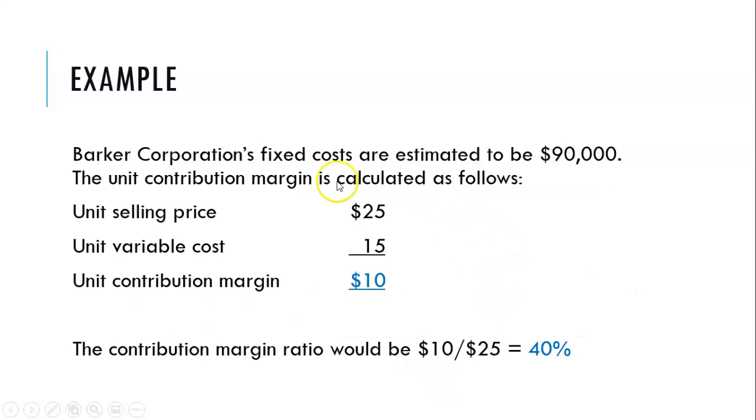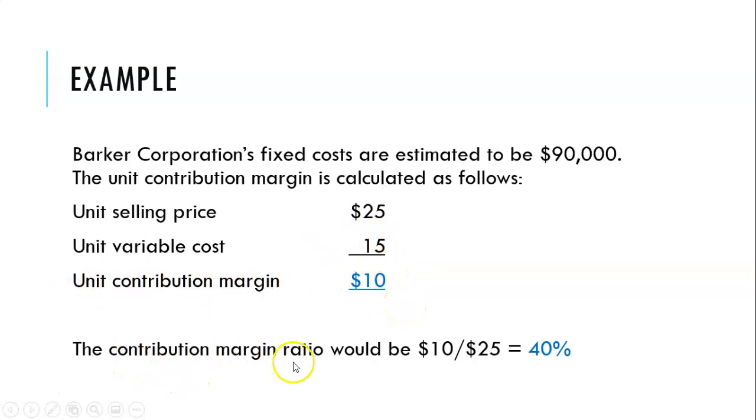So here's an example. Barker Corporation's fixed costs are estimated to be $90,000. The unit contribution margin is calculated as follows. Our selling price is $25 per unit minus our variable cost, which is $15 per unit. That gives us our unit contribution margin of $10.